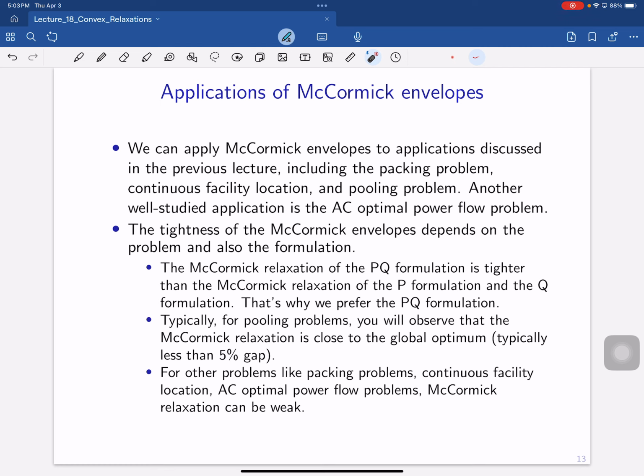But for some other problems, like the packing problem or continuous facility location or the AC optimal power flow problem, the McCormick relaxations are usually pretty weak. So for those problems, either you need to do a lot of branch and bound, or you should come up with stronger relaxations. Okay, that's some empirical view on the McCormick relaxation.